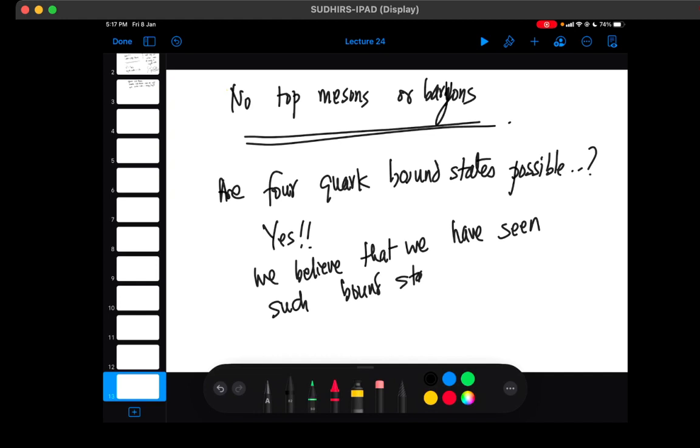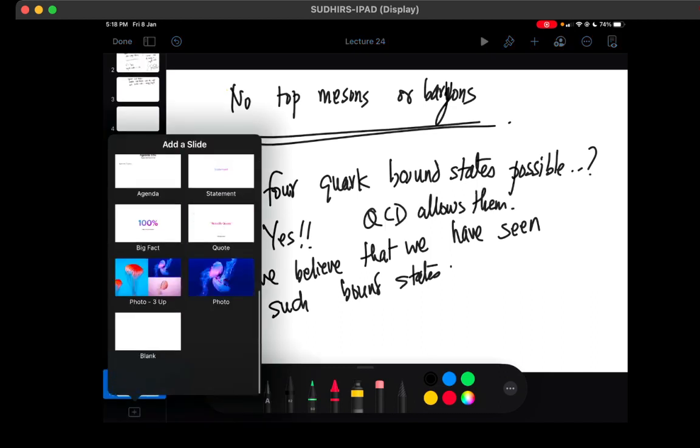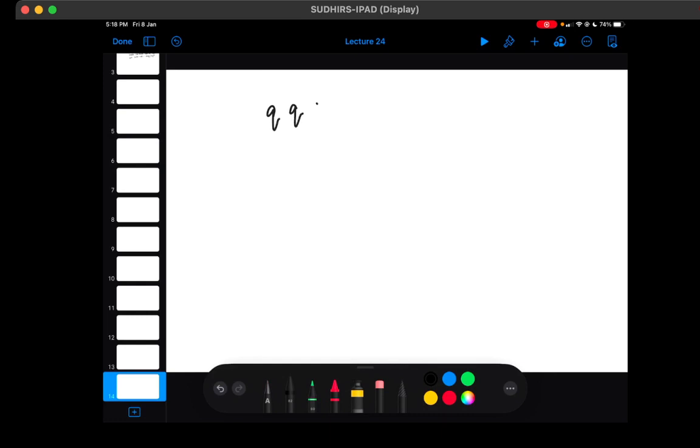QCD allows them, because you can always have a four-quark bound state which is actually a singlet in color. So that is quite a possibility. This kind of state is called a tetraquark.